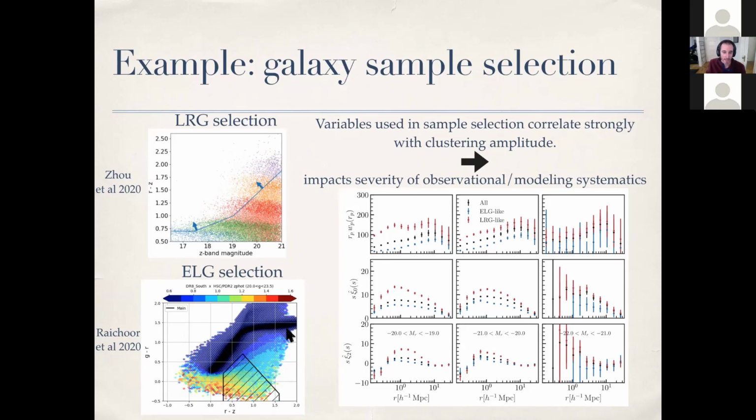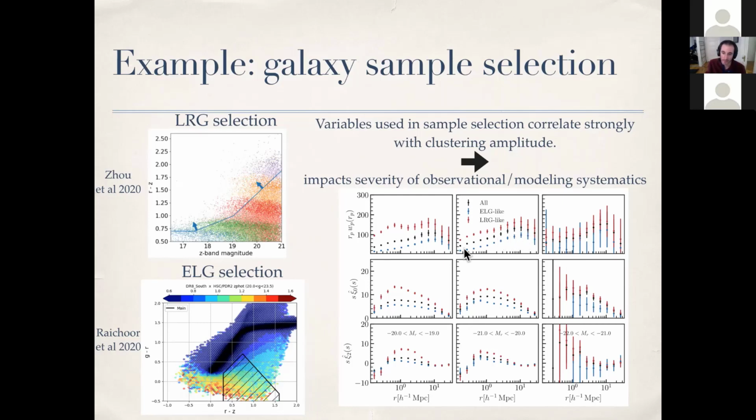And the problem is that the variables that we use for these sample selections correlate with the thing that we actually want to end up measuring, so the galaxy clustering amplitude. And so that's illustrated in this figure here. Don't worry about all the different panels, just focus on this top one here. So these are all measurements of galaxy clustering as a function of scale. The black points are if you were able to measure the galaxy clustering for all the galaxies that you observe.